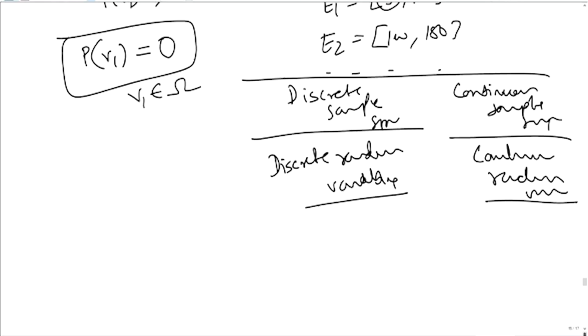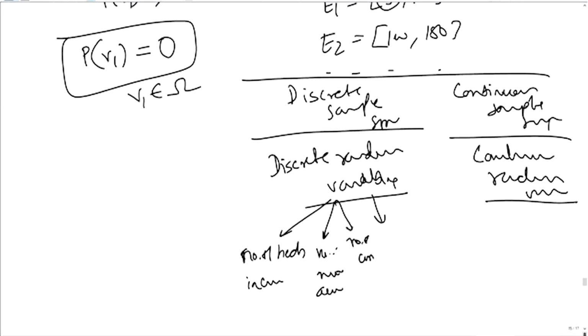So, you will hear these terms, discrete random variables and continuous random variables, and the classic examples, you might have heard about them. Examples of discrete random variables are a coin toss, head or tail, where you count the number of heads in n coin tosses, the number of road accidents, or the number of correct responses in a particular experiment.